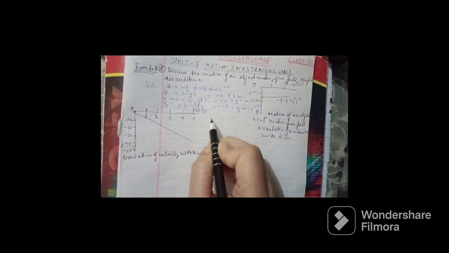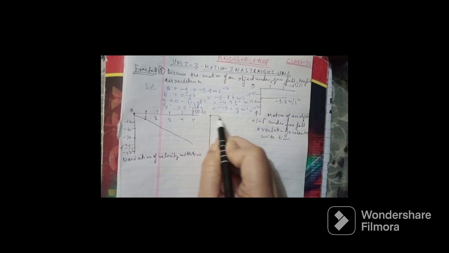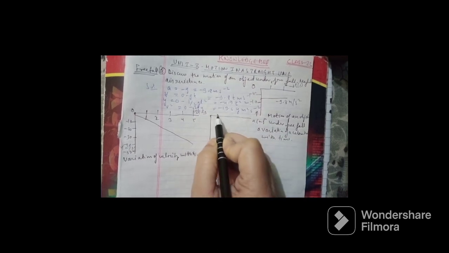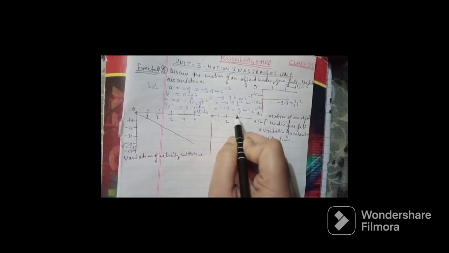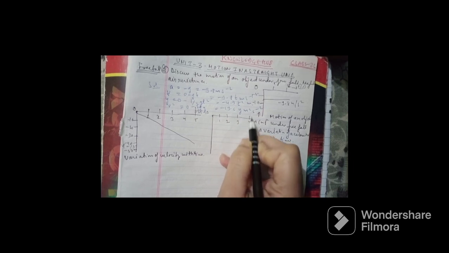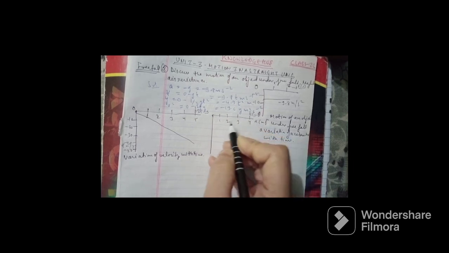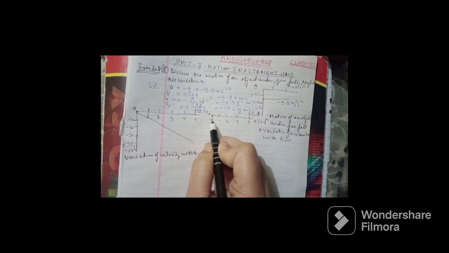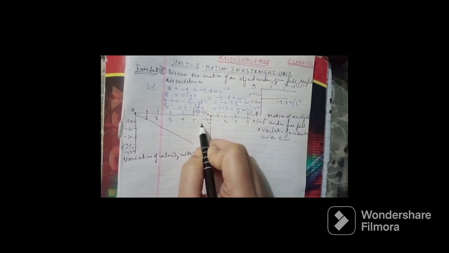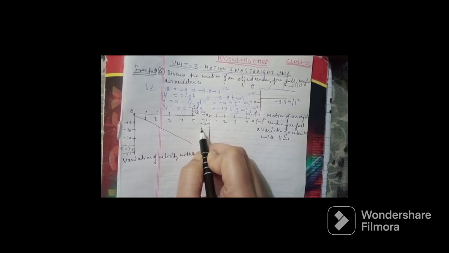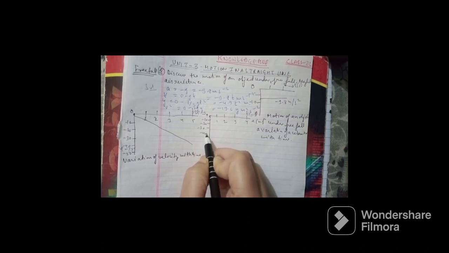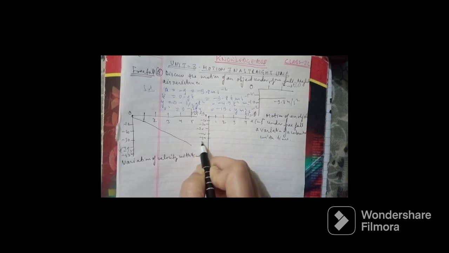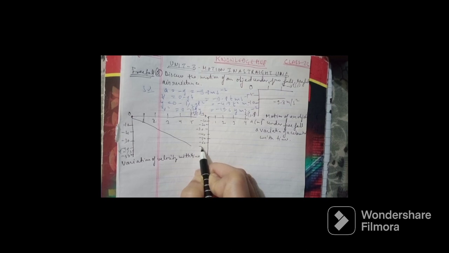Now we go for another graph. It will be like this. 1, 2, 3 and 4. This is t in seconds. Here it is 0. So this is -10, -20, -30, -40, -50, -60, -70, -80, -90.